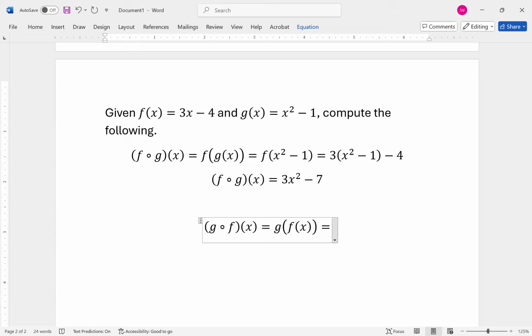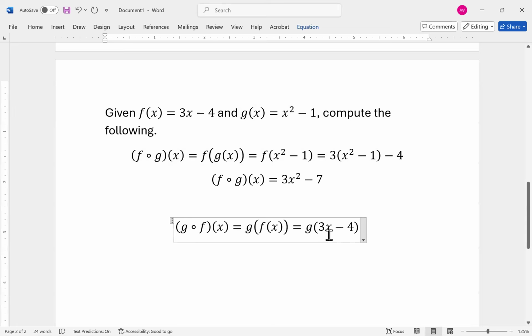So I'm going to replace the x in the expression x squared minus 1 with the quantity 3x minus 4.